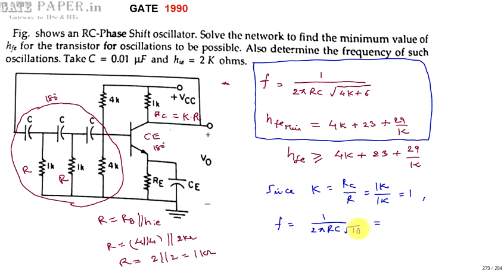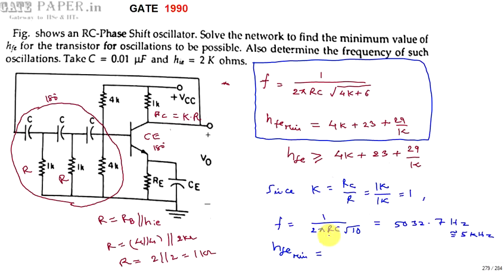So 1 by 2 pi, R value is 1 kilo ohm, C value is 0.01 microfarad. If you calculate this, you get 5032.7 hertz, which is approximately 5 kilohertz. So the frequency of oscillations generated by this circuit is 5 kilohertz.